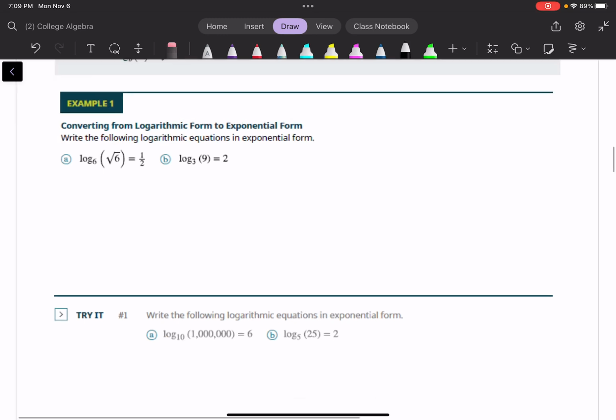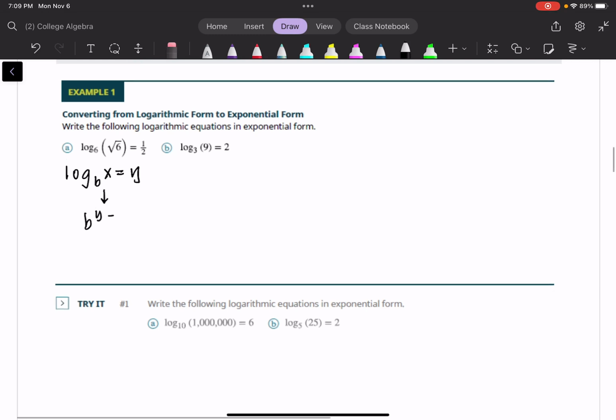One of the things I like to do is write this general format until I get the hang of it. So we'll take log base b of x equals y and transform it into b to the y power equals x. We're really going to pick apart this first one.